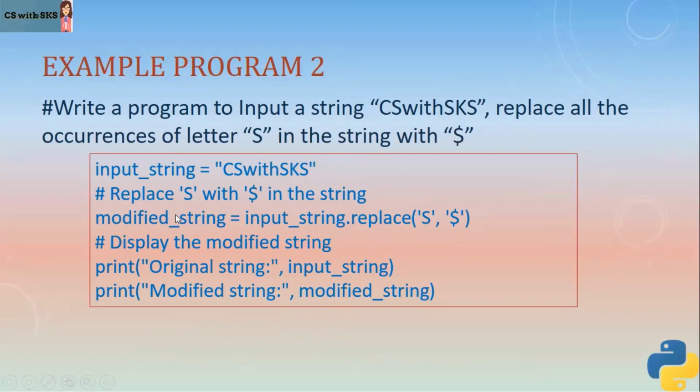And to replace it, I'm using the inbuilt replace function. So I'm taking a variable, modified_string equals whatever string is taken, dot replace S with $, and then I'm simply printing it. I'm printing the original string as well as the modified string both, right? So that's the second program.